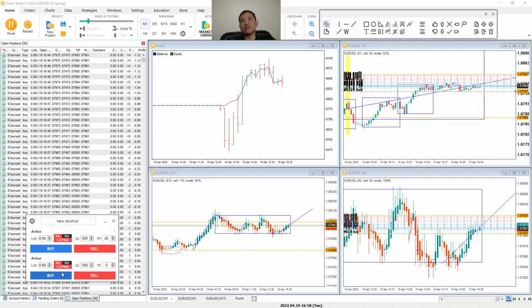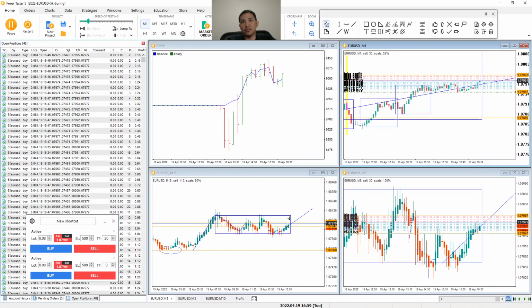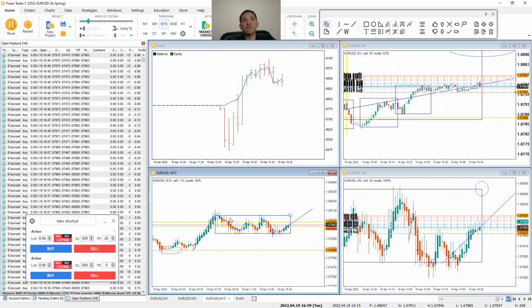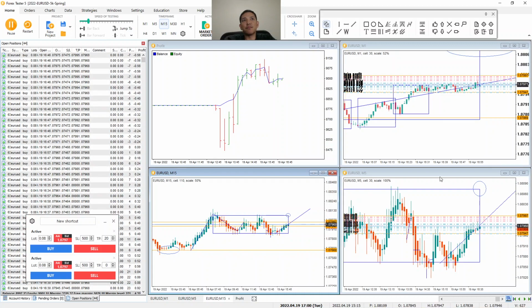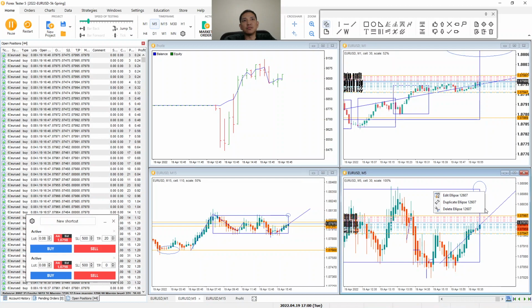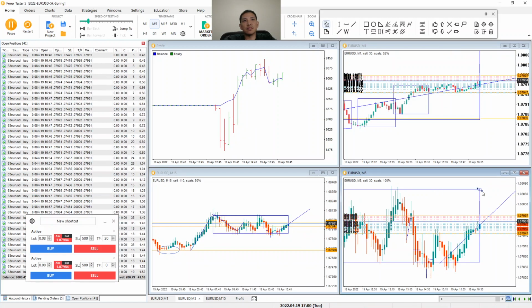Be around 50 right here. So what I'm waiting for is this comes back up to retest the top of the range. Ooh, there's a big one right there. Like that.